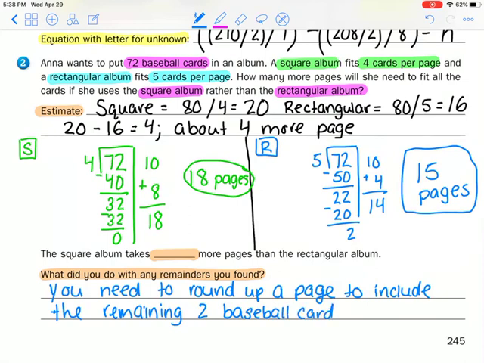Now, it says the square album takes blank more pages than the rectangular album. Well, the square album takes 18 minus the rectangular album, which only takes 15, so it needs 3 more pages.